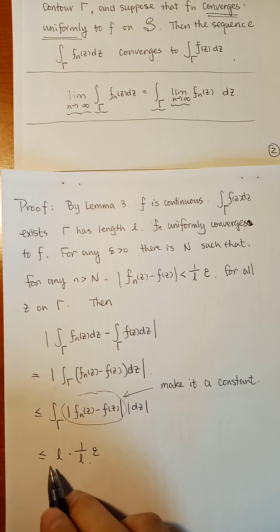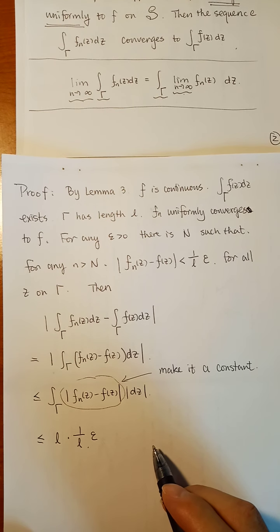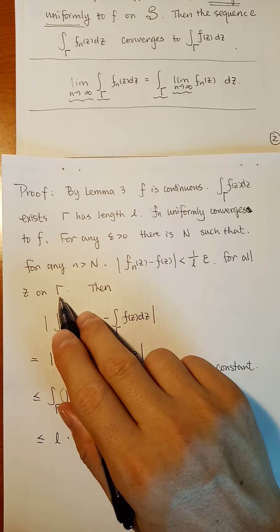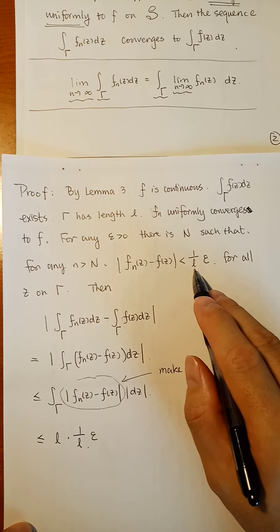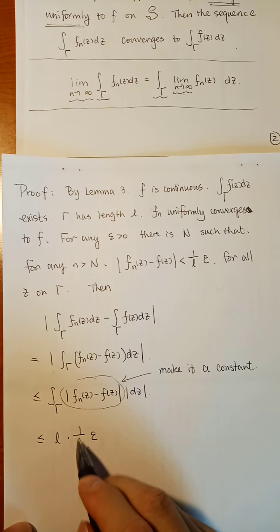The reason we want 1 over L is because here you have L. We put 1 over L, we can cancel it with L. Okay? So if for every point on gamma this difference is less than 1 over L times epsilon, L is fixed, then in this place you put 1 over L epsilon.